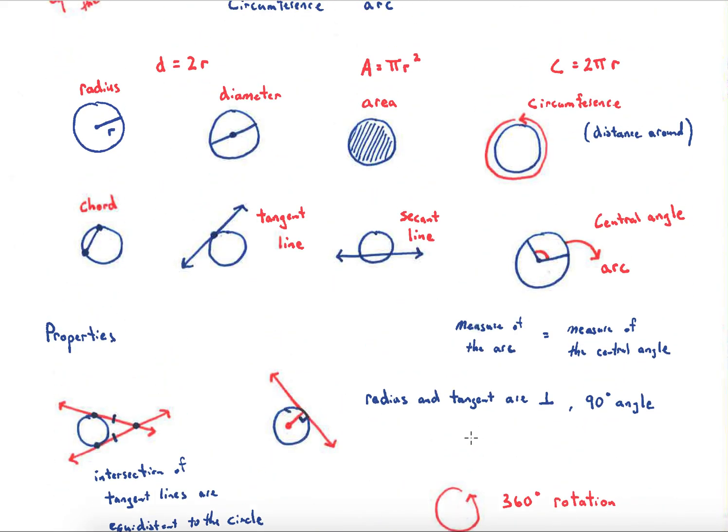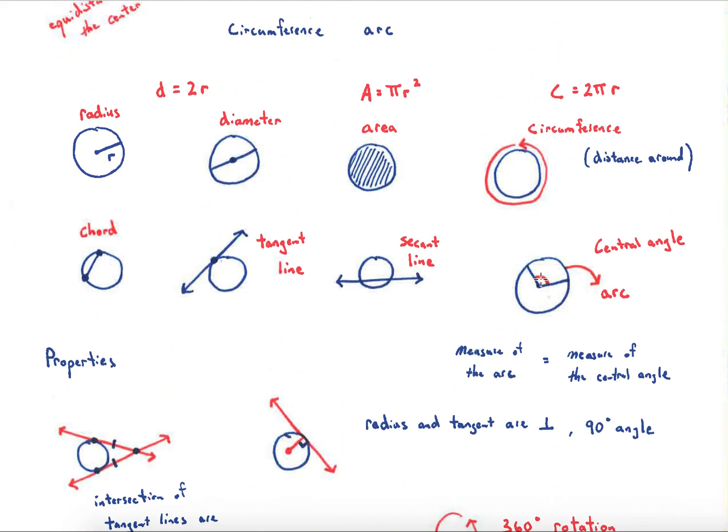We have angles. We have a central angle here, the angle that two radii form coming from the center, and we'll figure out that the central angle and the measure of this arc are the same. We'll discuss this property at some point.